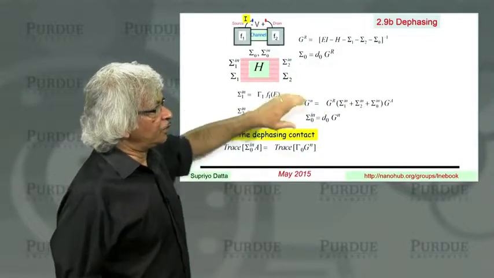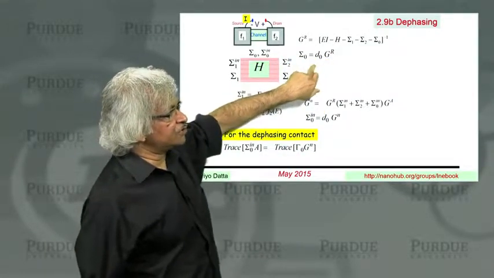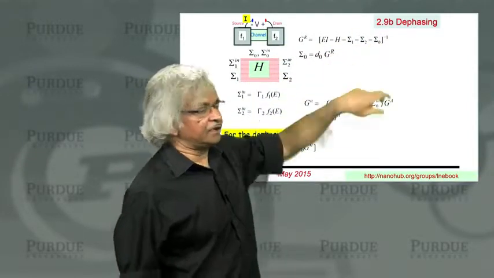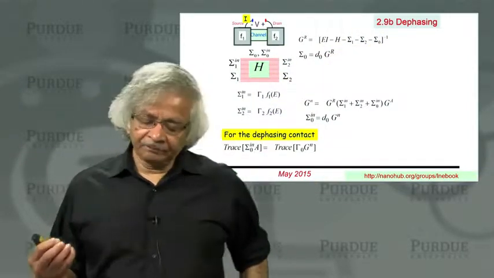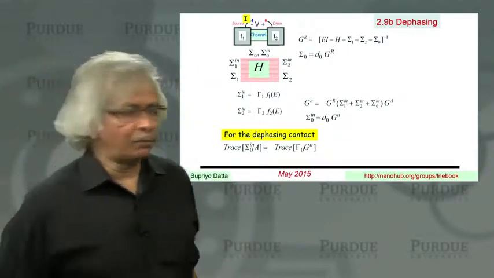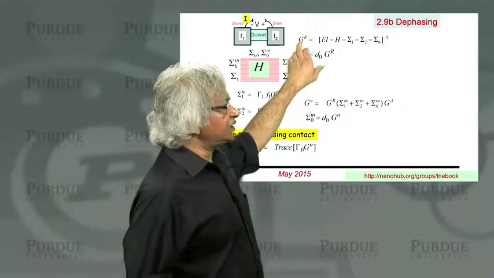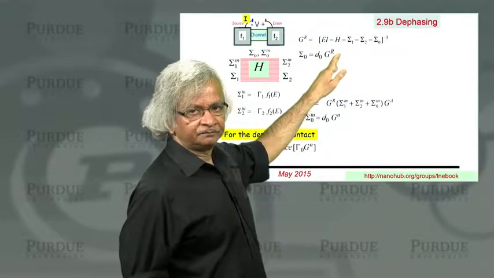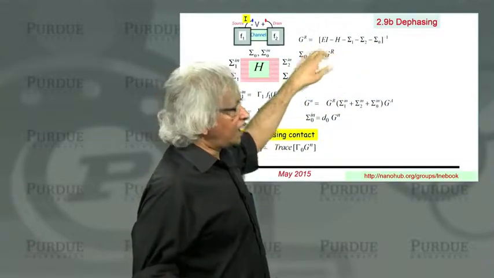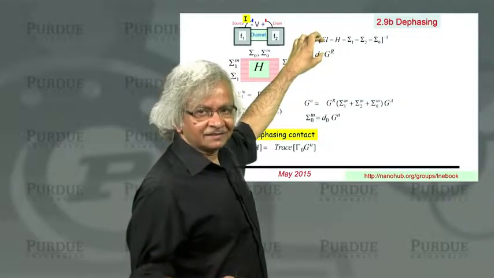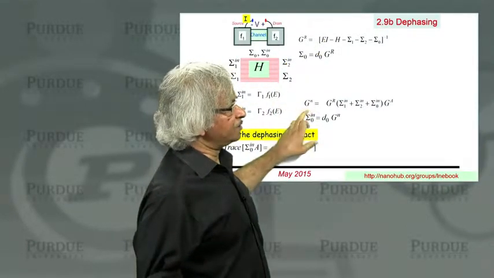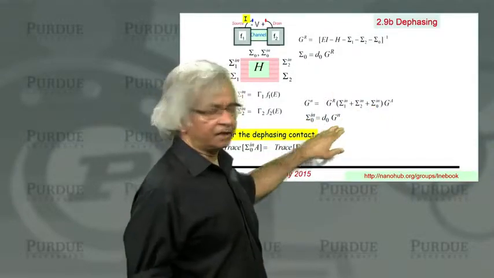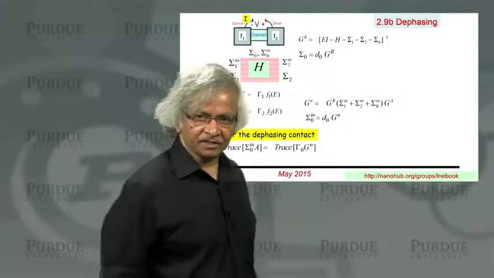Now, of course, because I have introduced this relation, when I try to calculate the Green's function, it will require an iterative process. Why? Because the Green's function depends on sigma 0, and the sigma 0 in turn depends on the Green's function. So I have to solve the two self-consistently. And the same here: Gn depends on sigma 0 in, but sigma 0 in depends on Gn. So again, you have to solve them self-consistently.